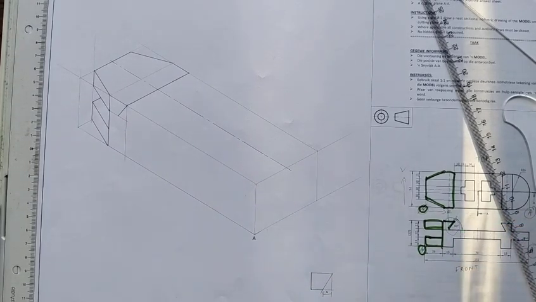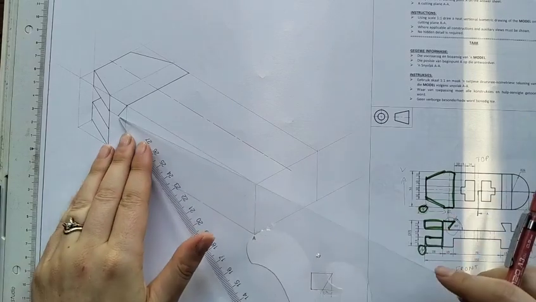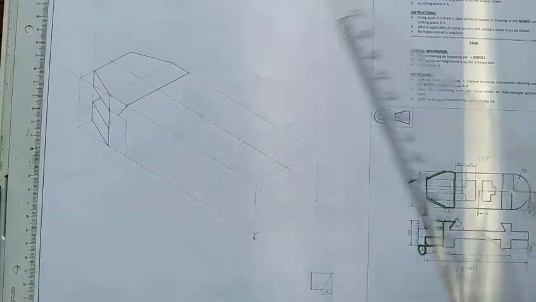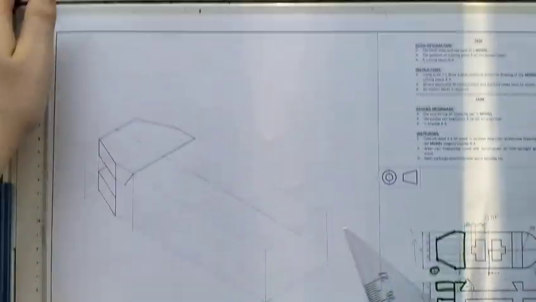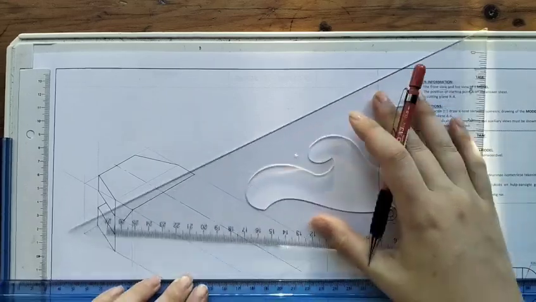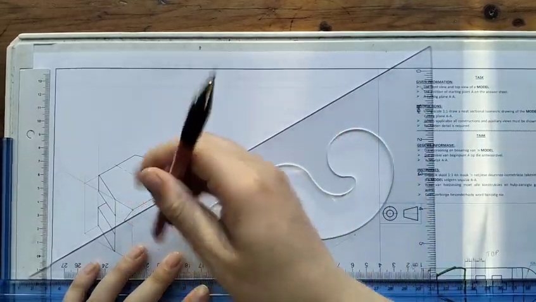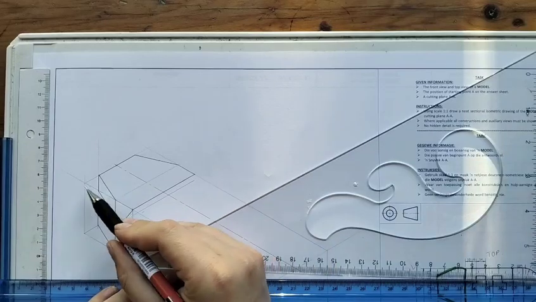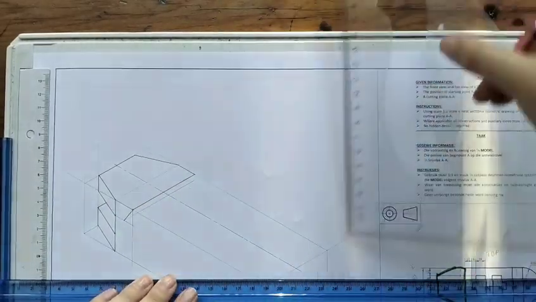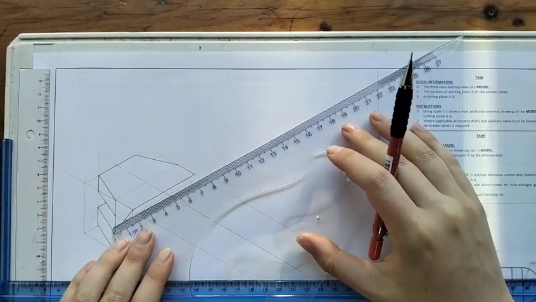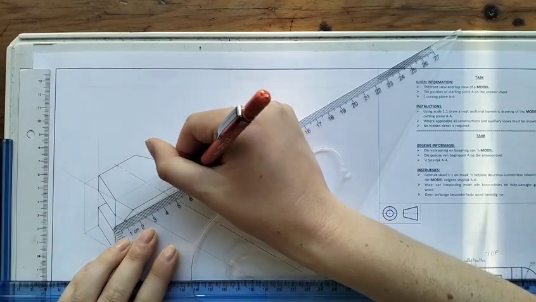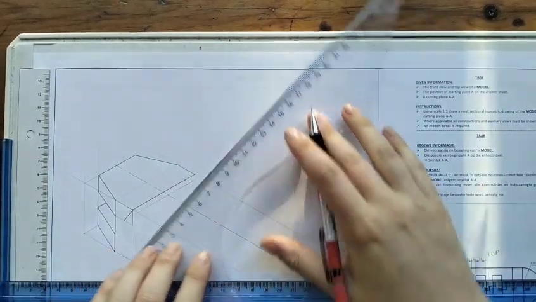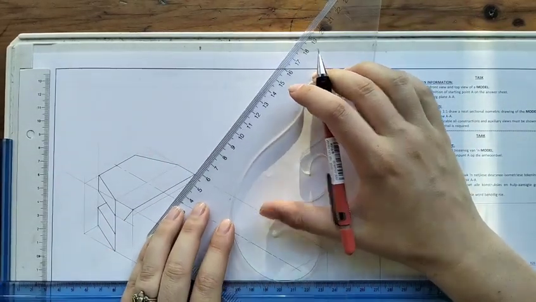Okay, so we have to go and draw it straight through to the other side as well, like this. And remember that this is also 52, so just measure 52, and then you know where it stops, so you don't have to go and do it again on the other side.